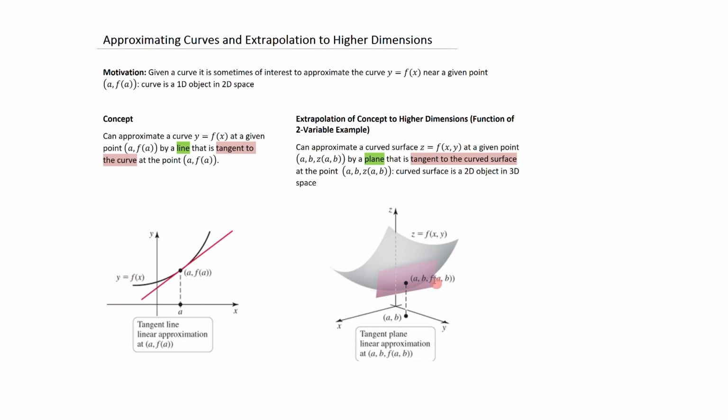That plane is this pink or purplish colored object. This is a plane which has orientation, but it just touches a point on the curved surface, so it is tangential at that point. This is what we're dealing with for a surface in 3D: planes touching surfaces. You can expand it to higher dimensions, however, it will be extremely difficult to visualize what that would look like.